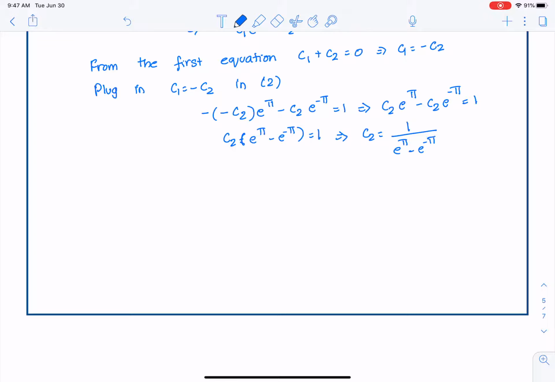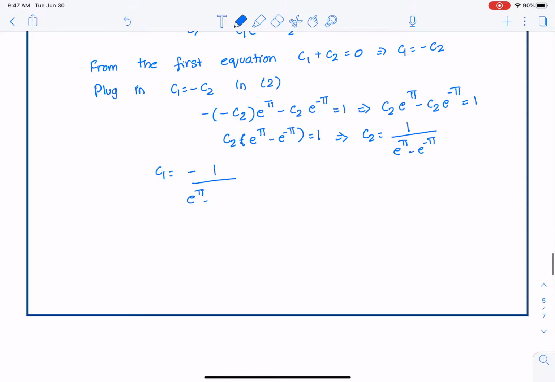We already know that c1 is negative of that, so c1 is simply negative 1 over e raised pi minus e raised negative pi.